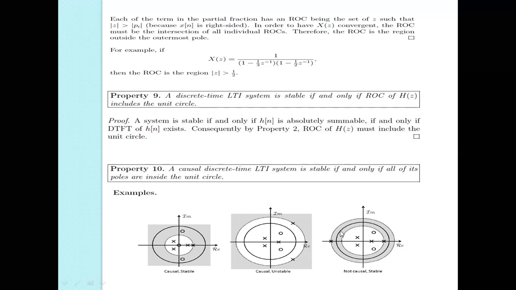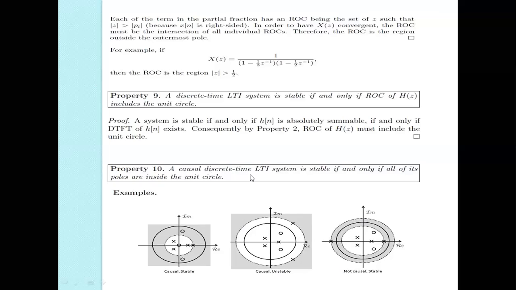The poles that are present inside this circle are causal and stable, and if any one pole is outside the circle, it is non-causal and stable. And inside and outside together is also there, an unstable system. For the region of convergence, the shaded area is outside the circle, and the shaded area is in between the circles.